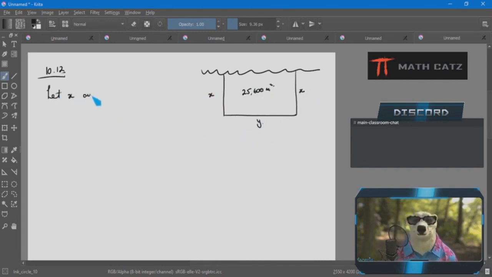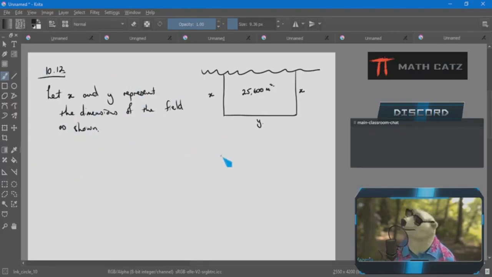Let x and y represent the dimensions of the field as shown. I don't need to be too detailed, but I need a sentence.